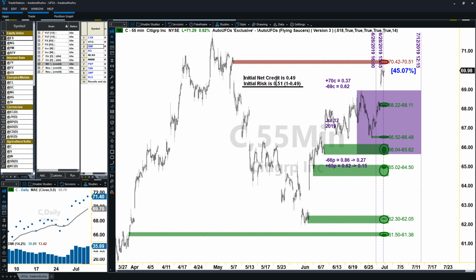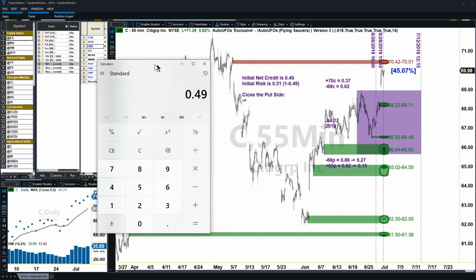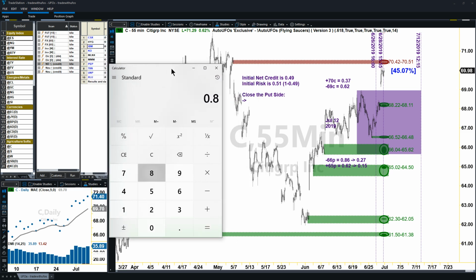First of all, I'm going to close the put side. The 66 puts, I sold it at 86 and now I can close it at 27. That means that I make a profit of 59 on that put.